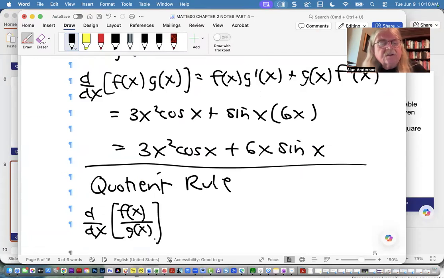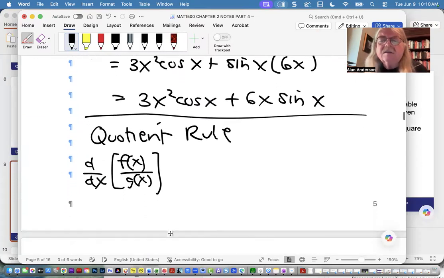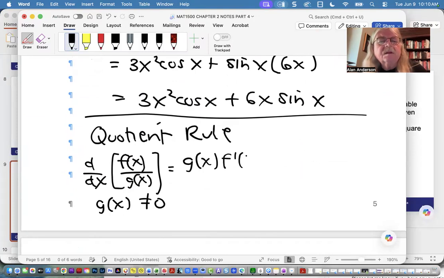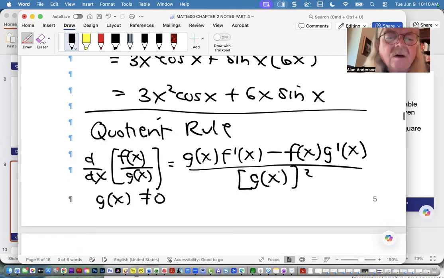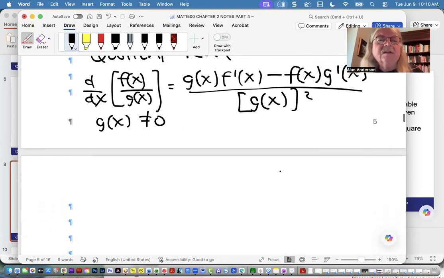And of course, it's understood that in an expression like this, we can't allow g of x to be 0. Or, remember, there's another way to write this.